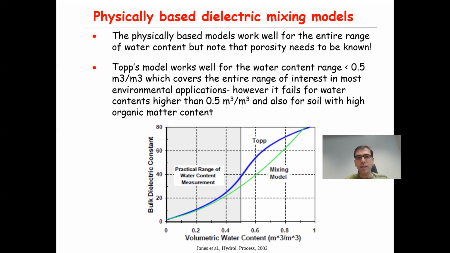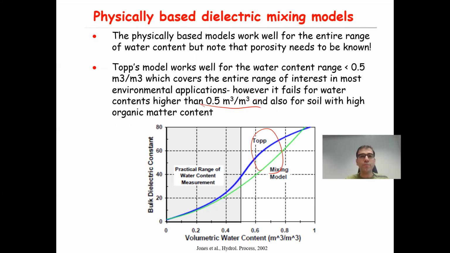As you can see here, the TOPS model works quite well for the lower water content range, less than, I would say, 50%, which covers the entire range of interest in most environmental applications. However, as you can see here, there is a lot of discrepancy between the blue and the green line. It fails for water content higher than 50%, and also for soil with high organic matter content.